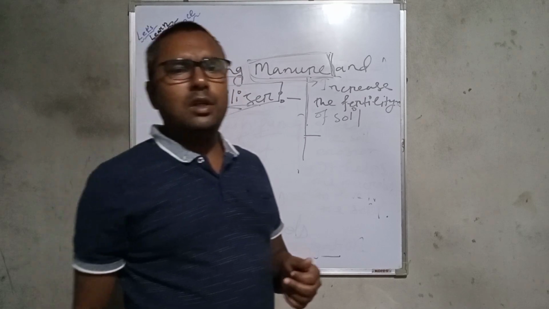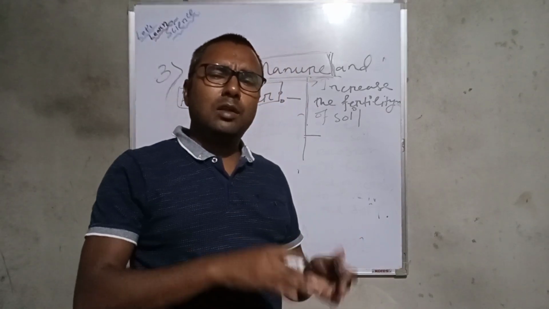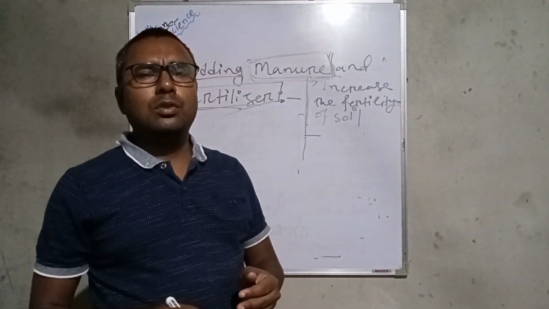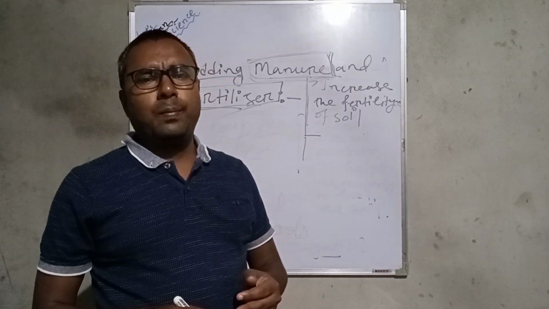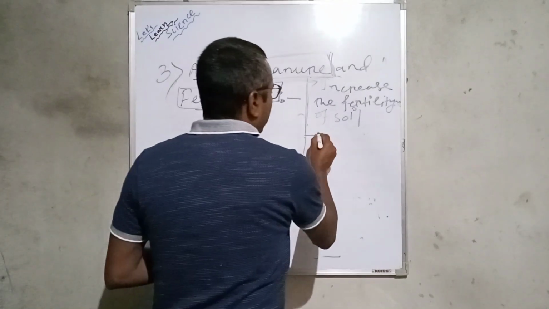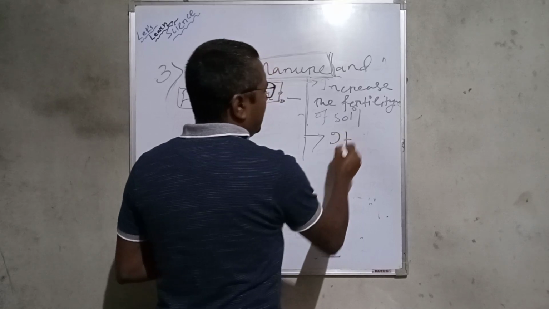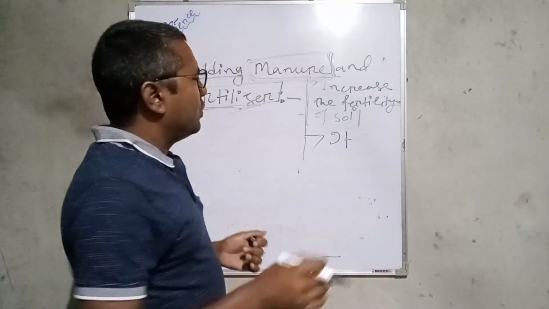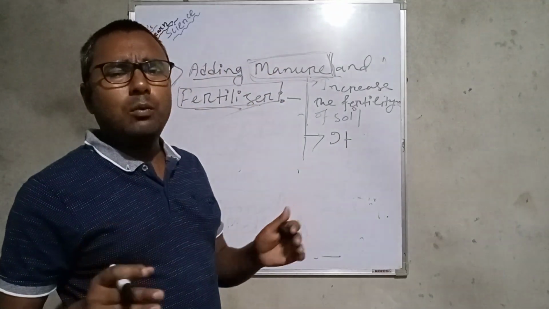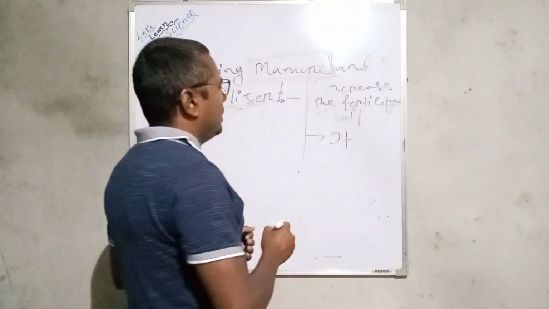That means when manure is used, the fertility of the soil increases. Secondly, it is used to increase the water holding capacity of the soil.